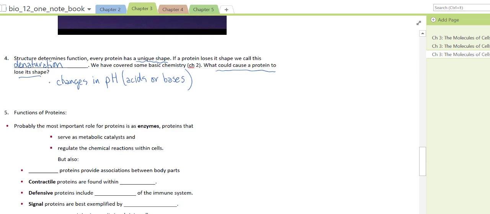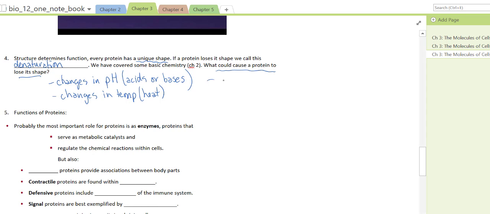So changes in pH for sure, and changes in temperature. When we heat things up, heat can cause changes in those interactions. Changing those interactions, hydrogen bonds or disulfide bridges, etc., will cause the protein to lose shape.